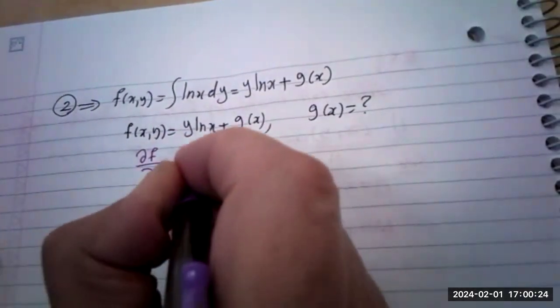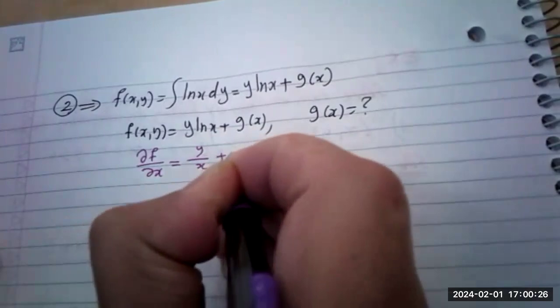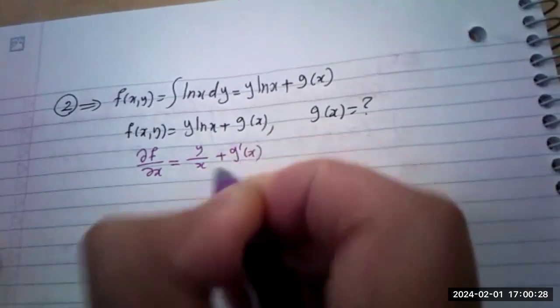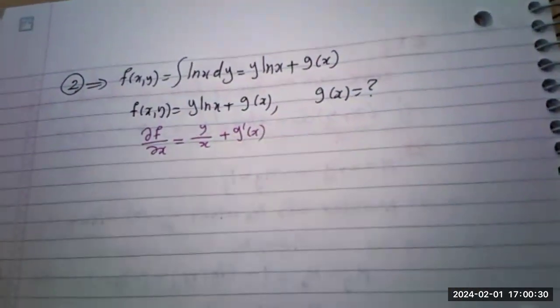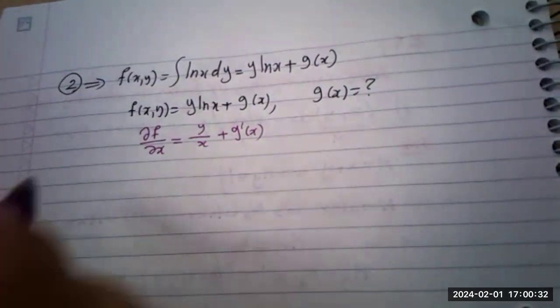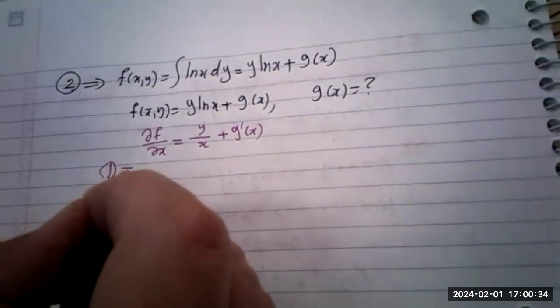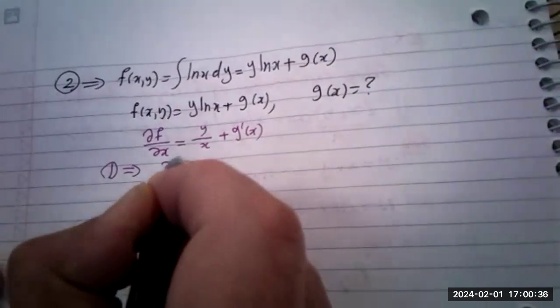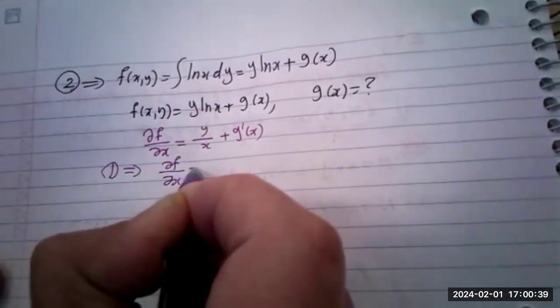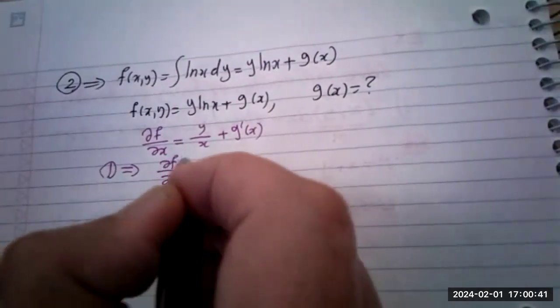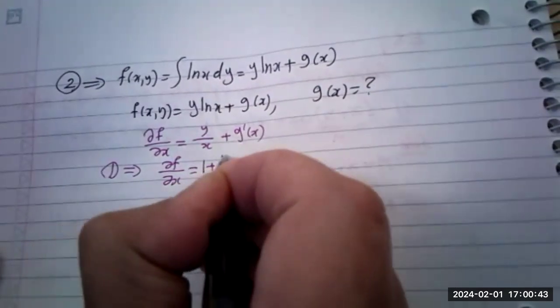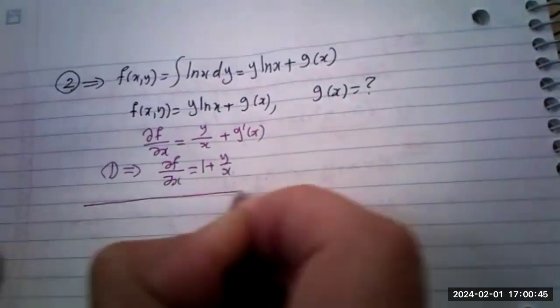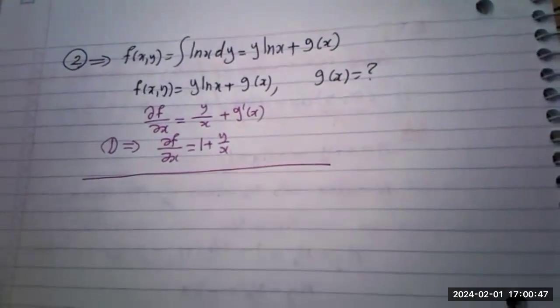So that gives y over x plus g prime of x. Now I compare it with equation number 1. Equation number 1 was ∂f/∂x, which was 1 plus y over x. So let them be equal to each other.